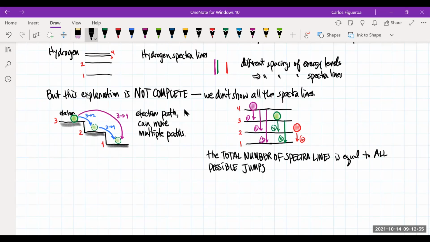Because the energy spacings are all the same, it's going to look something like this. So I'm going to get 1, 2, 3. Then I look at 2 of the green, and then 1 of the red. And this is 1, 2, 3, 4, 5, 6. So this atom has 6 spectral lines because there are 6 jumps.